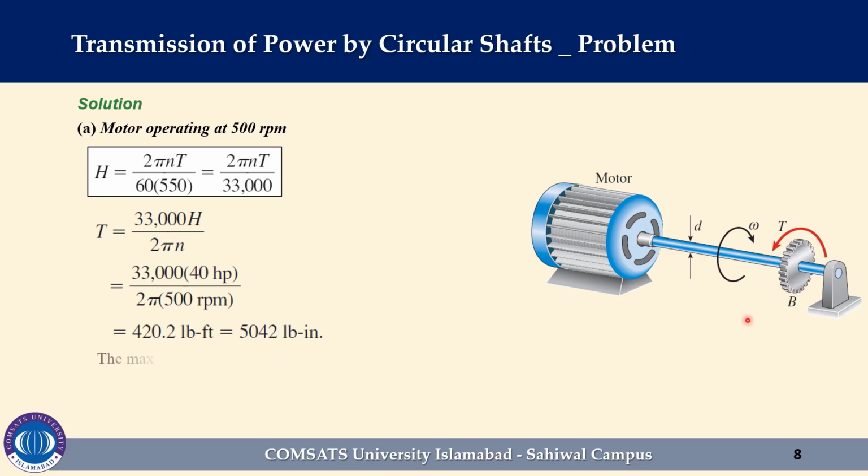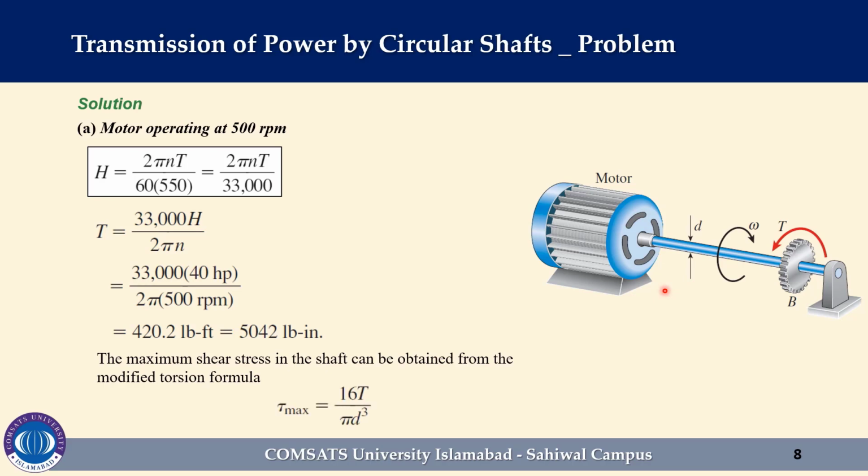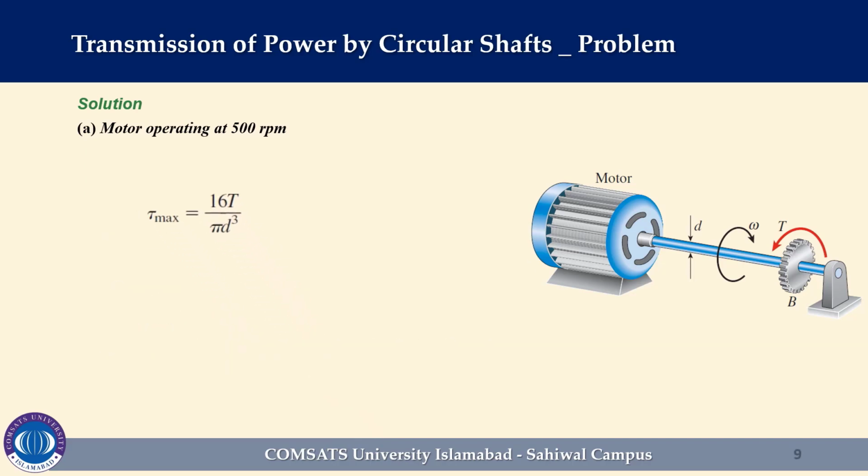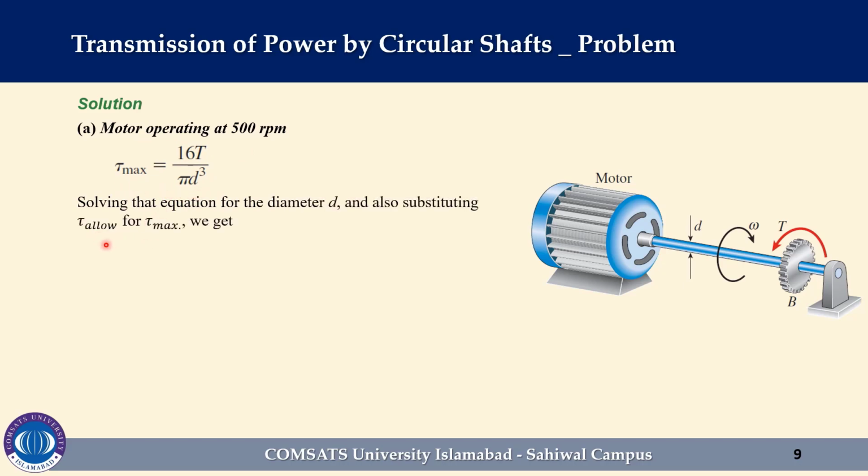Now the maximum shear stress in the shaft can be obtained from the modified torsion formula. The equation is τ_max = 16T over πd³. Solving that equation for the diameter and substituting allowable shear stress for maximum shear stress, we get the expression d³ = 16T over πτ_allow. Here τ_allow is the allowable shear stress.